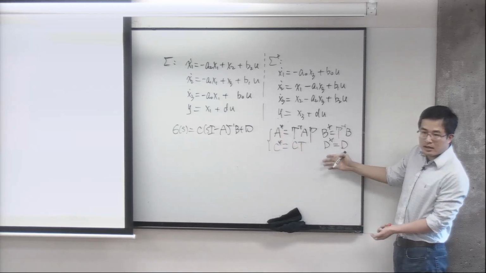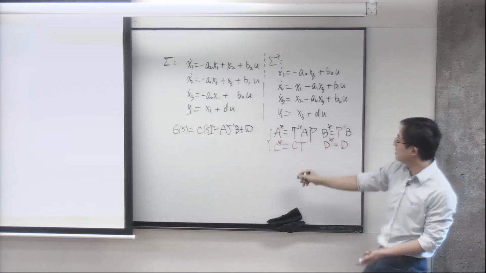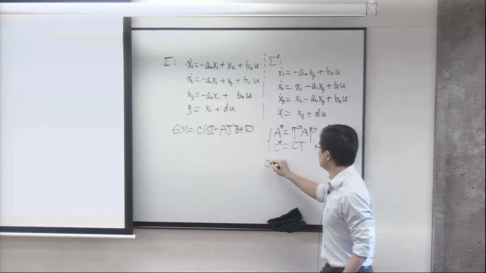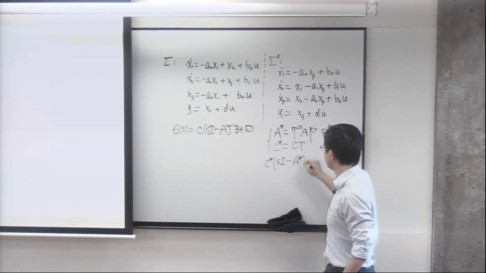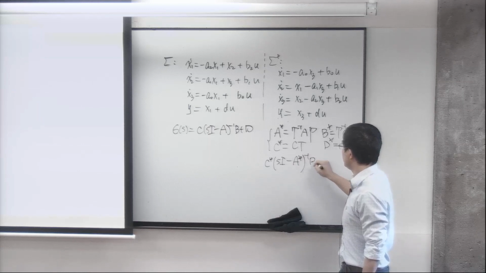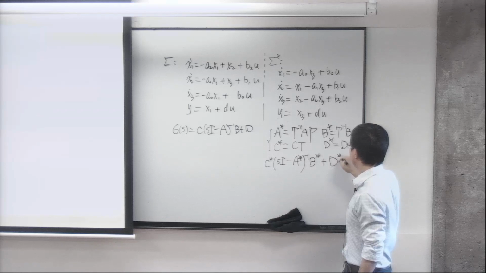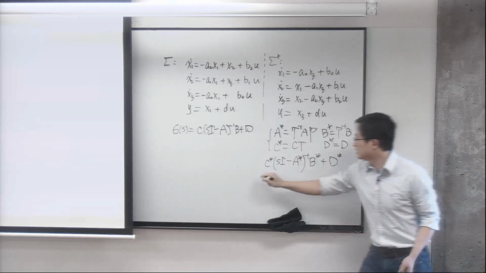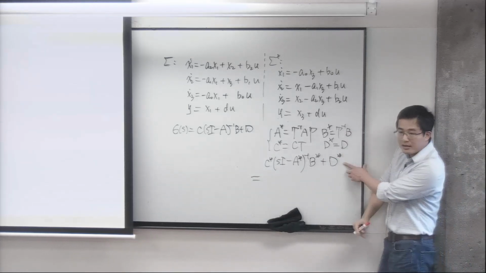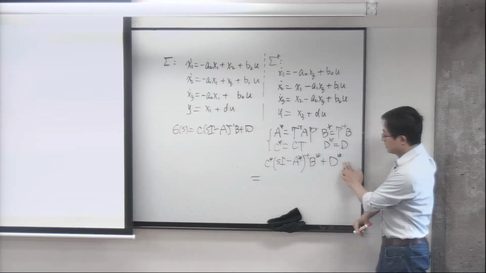So let's see what the transfer function is if I use these computations. It's going to be C star (sI minus A star) inverse B star plus D star. So let's see. D star is very easy. It's the same.